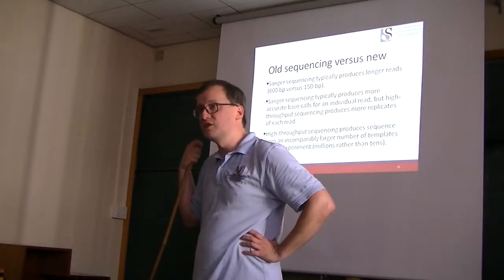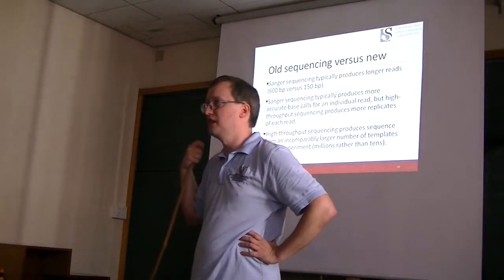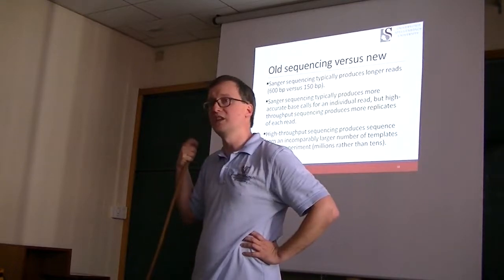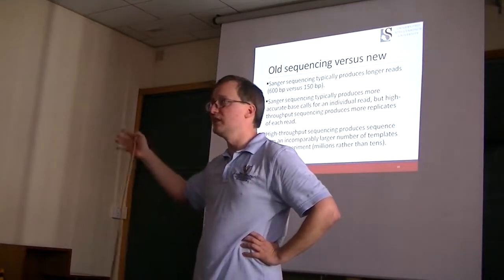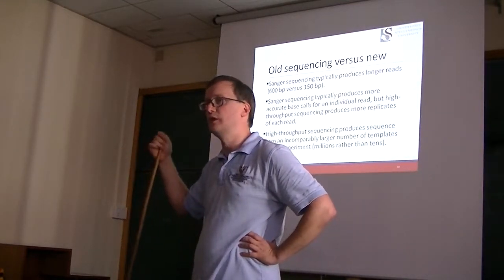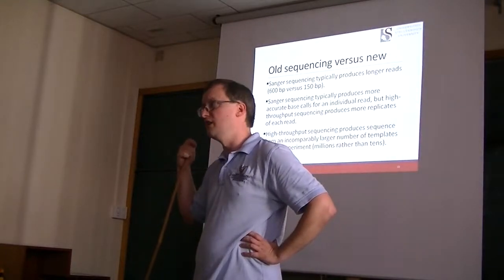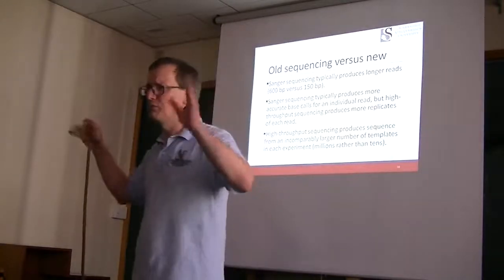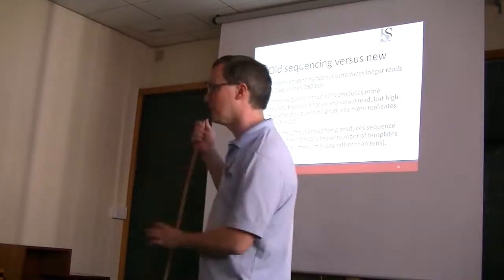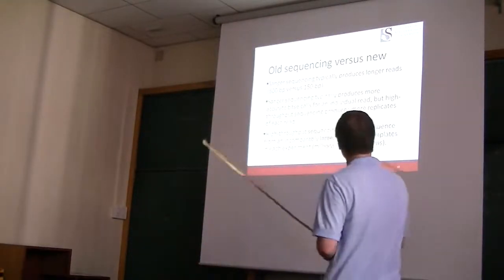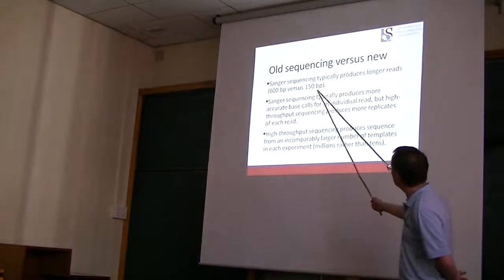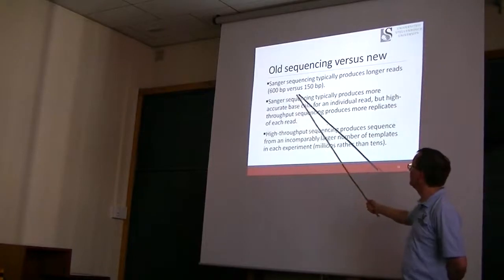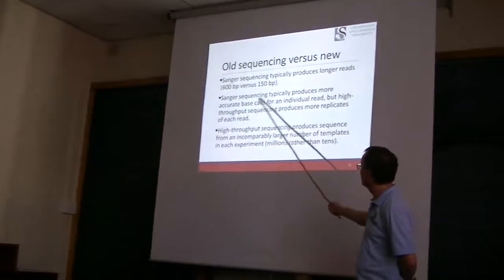There are, as I've mentioned, some sequencers that you can purchase today that also produce long reads like those from Sanger sequencers, but in general, we find that machines like the Illuminas and the Ion Torrents and so on produce relatively short reads, maybe a max of, say, 200 base pairs or something like that, although my numbers are a little out of date. I would talk to an expert on that score. So, first off, the old school 1990s technology generally produced longer reads than do the new sequencers.